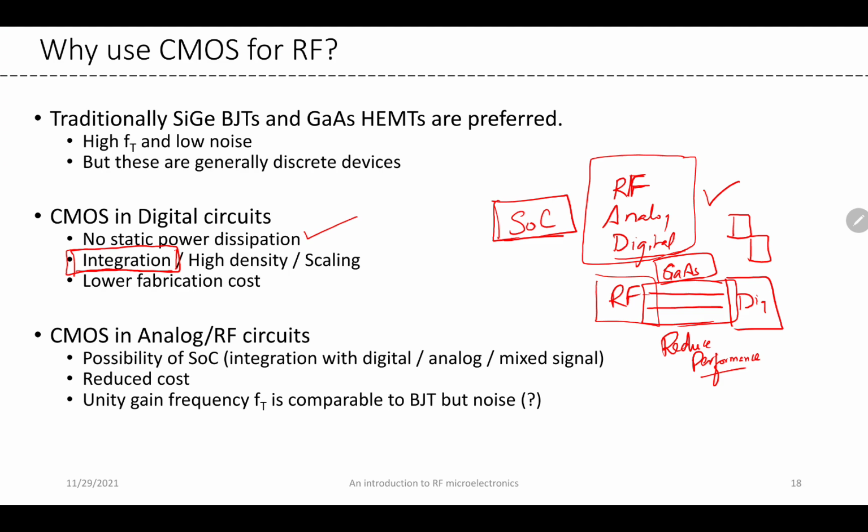So what you want to do is keep them closer together, and integration is one of the key reasons why CMOS is preferred for RF circuit design. But it has its own limitations, and if you're trying to do a high power design or a very high frequency design, you have to move from CMOS to other technologies, and you can't really do an SoC in that case.